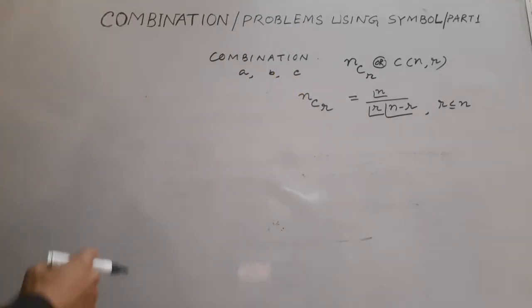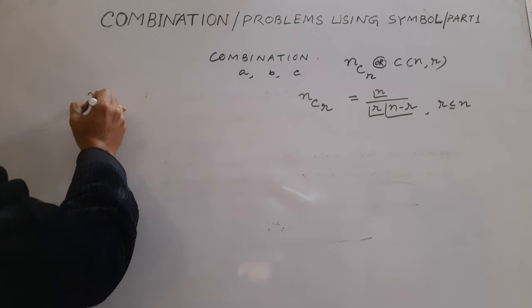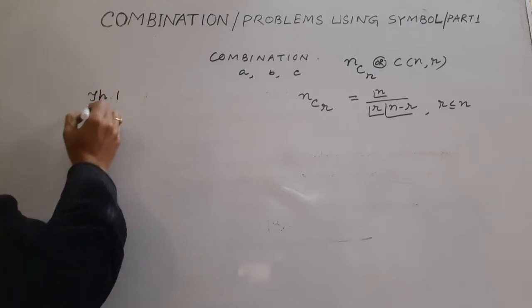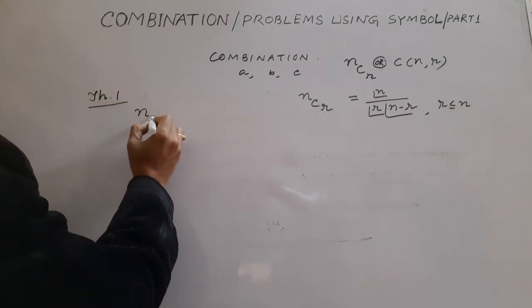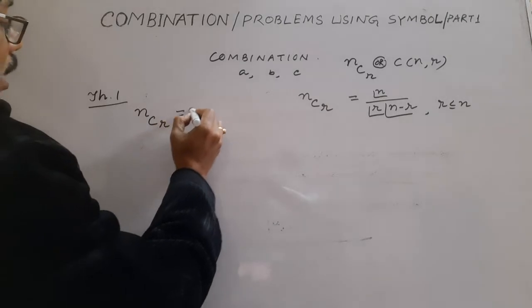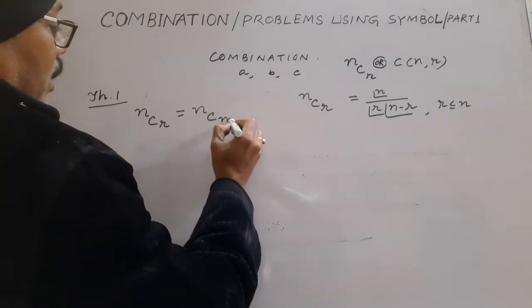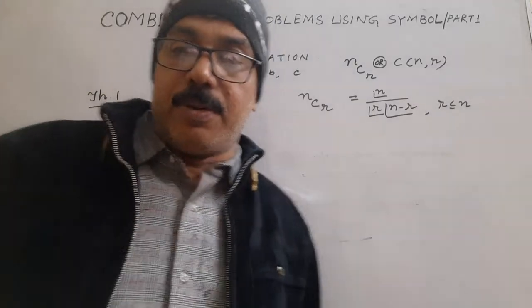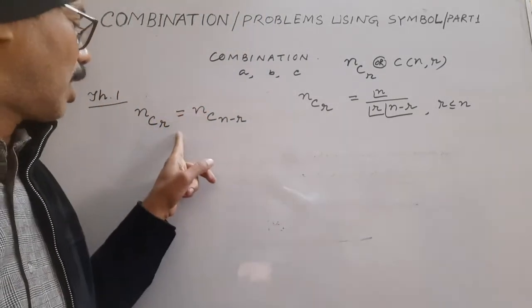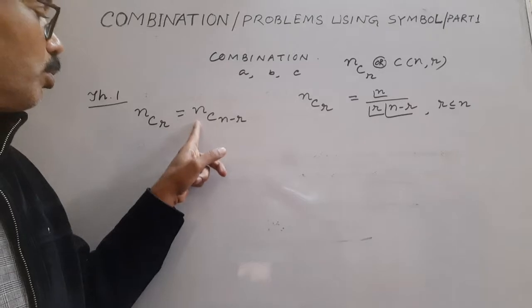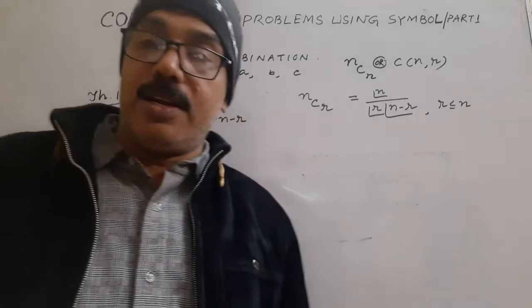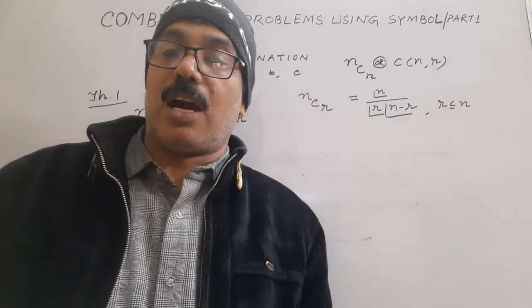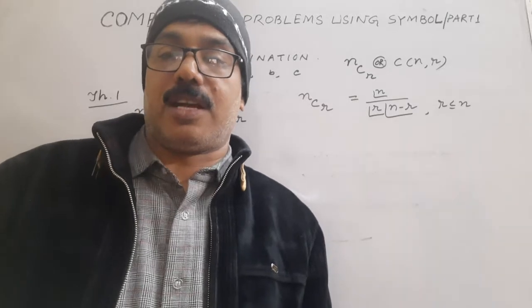Now there are some theorems. Theorem 1: nCr equals nC(n minus r). The combination of n different things taking r at a time is equal to the combination of n different things taking n minus r at a time.